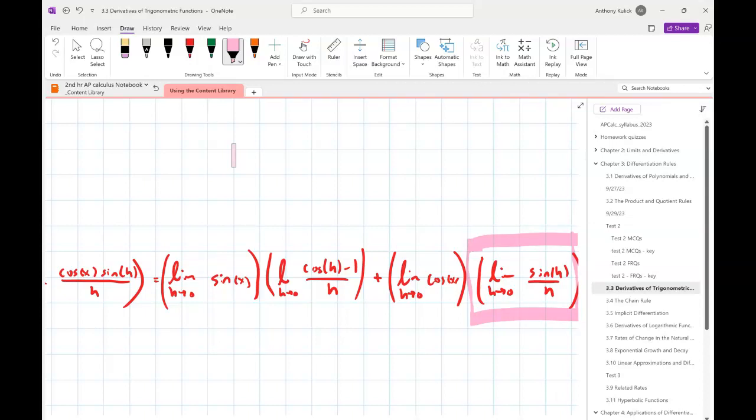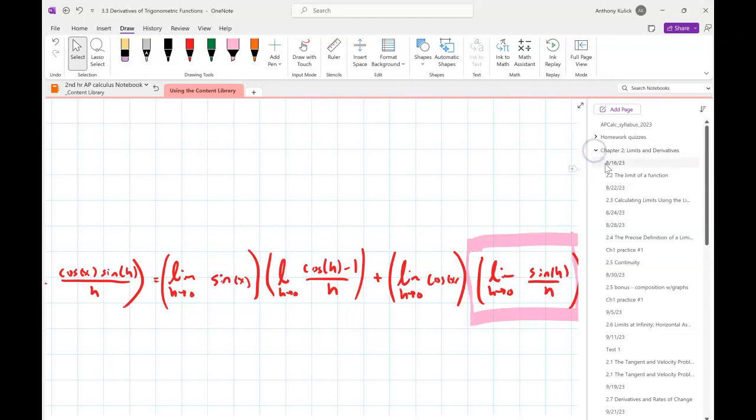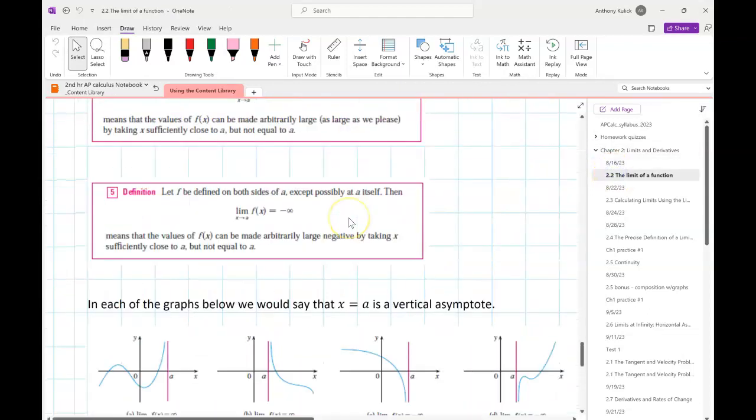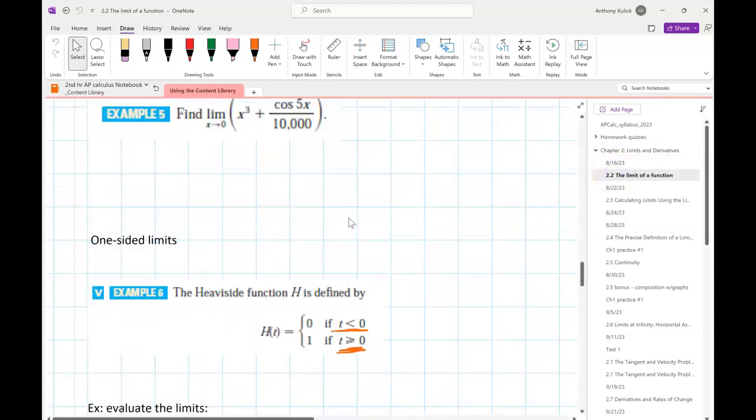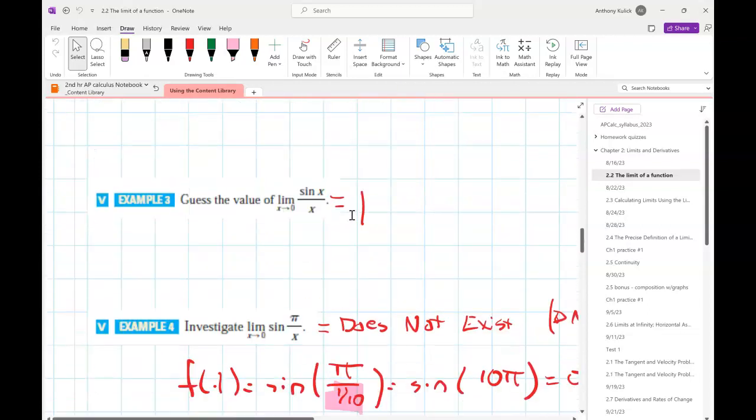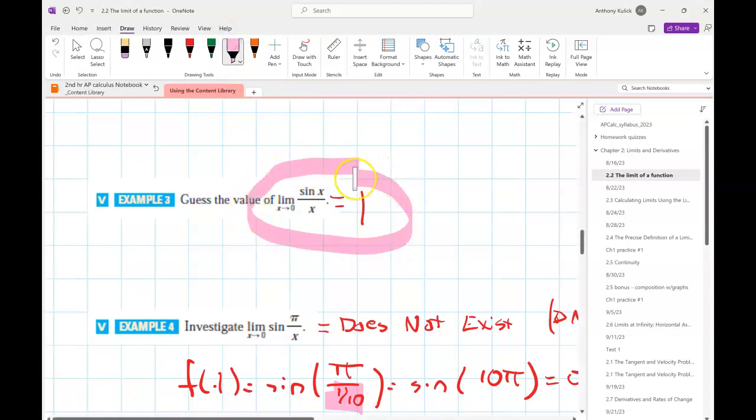Does that look familiar? I think when we went back to chapter 2, we did that limit.